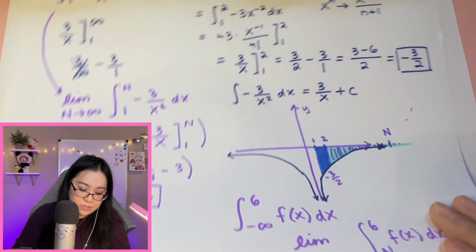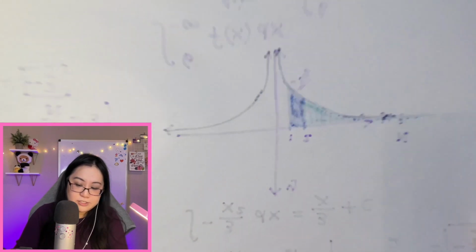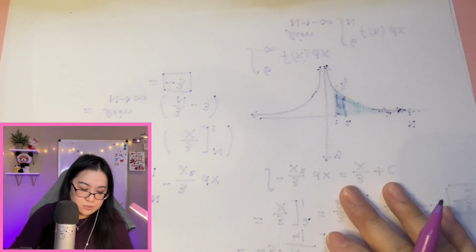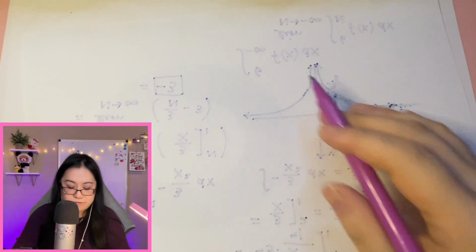And then the other point here is what happens if you have negative infinity and positive infinity.